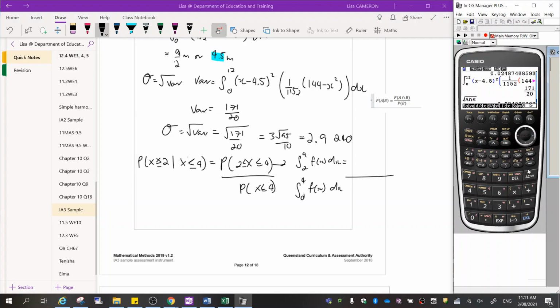So I can get rid of this whole front bit because we're only integrating the function. Now we'll do that. We'll do the bottom first, so between 0 and 4. That gives me an answer of 0.6938.